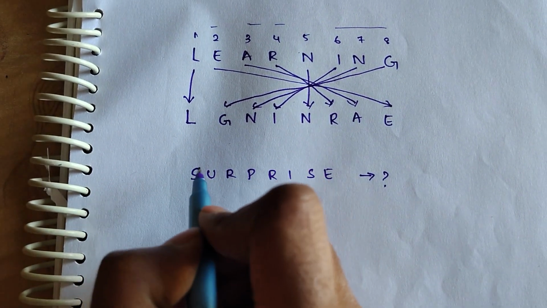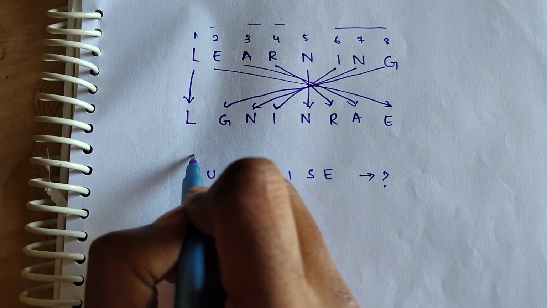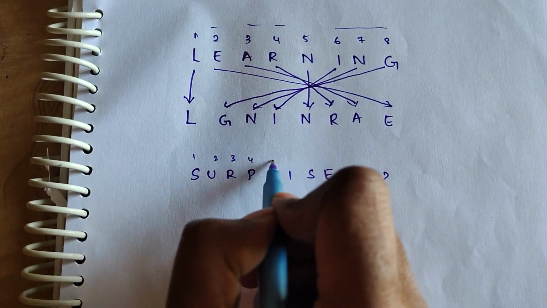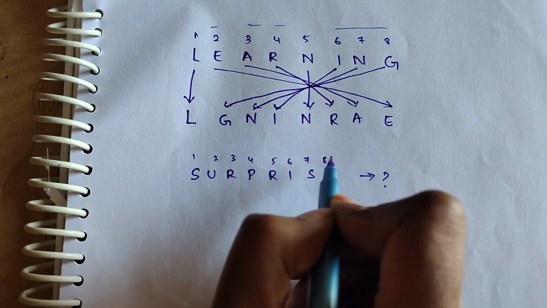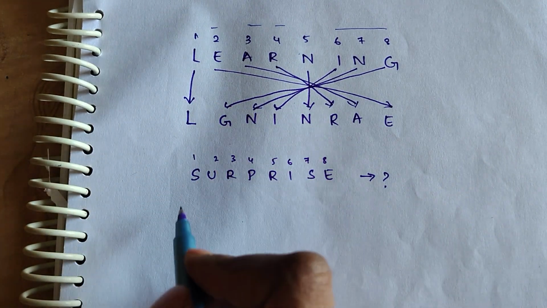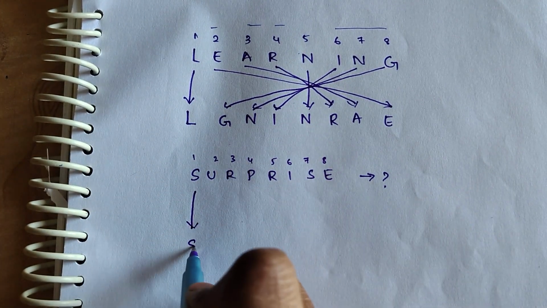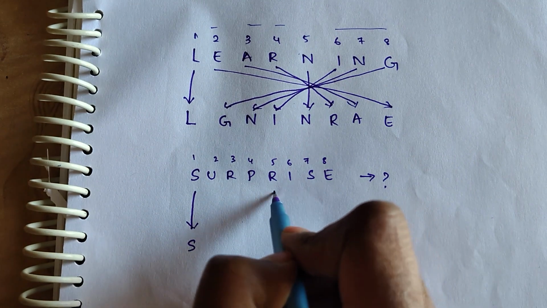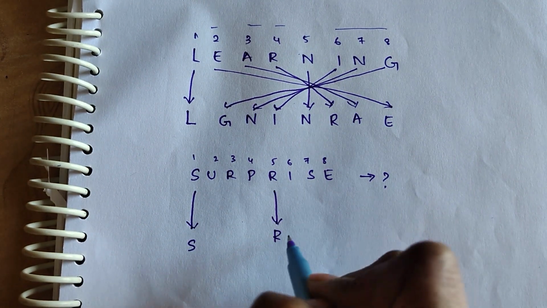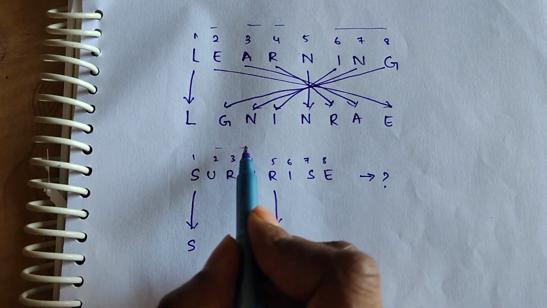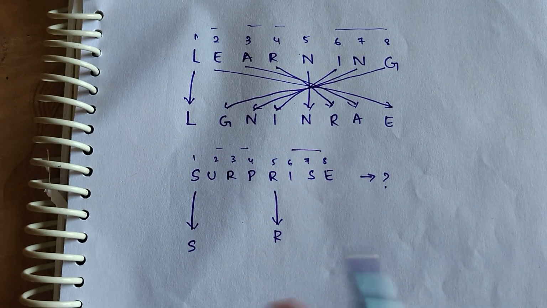So 1, 2, 3, 4, 5, 6, 7, 8. The first letter is copied as the same. So S is S, and the fifth letter is the same, R, and the remaining 3 letters here and here are swapped.